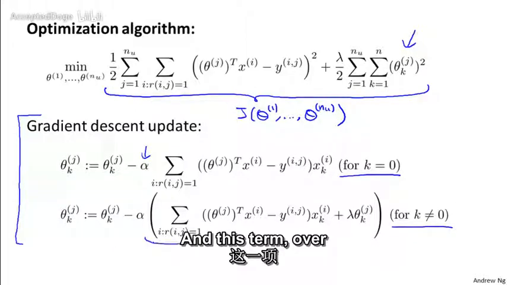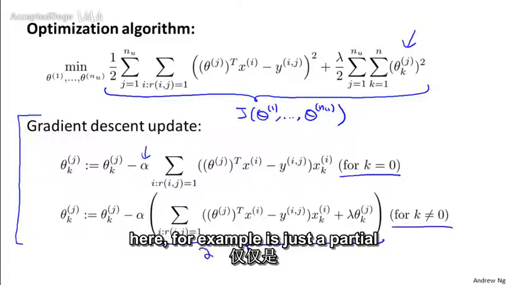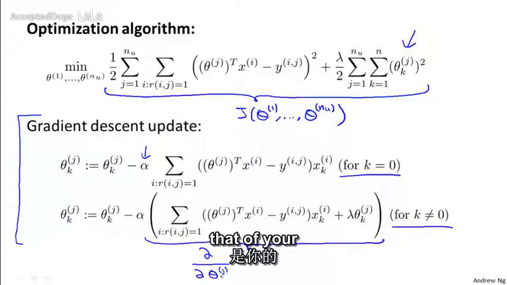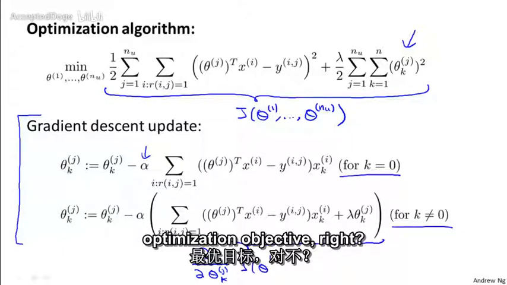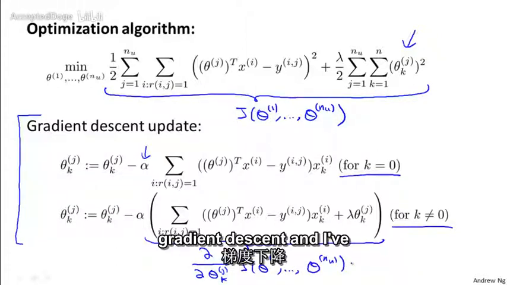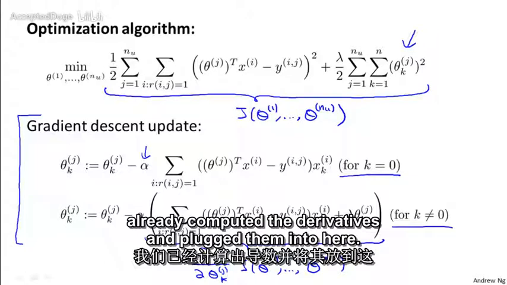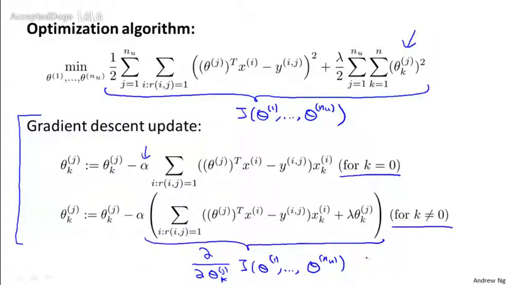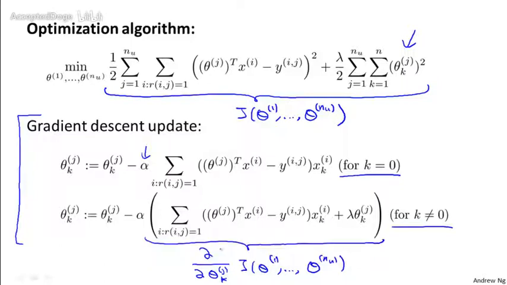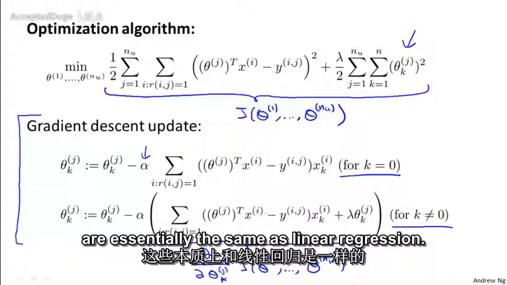And this term over here, for example, is just the partial derivative with respect to your parameter of your optimization objective, right? This is just gradient descent, and I've already computed the derivatives and plugged them in here. If these gradient descent updates look a lot like what we had for linear regression, that's because these are essentially the same as linear regression.